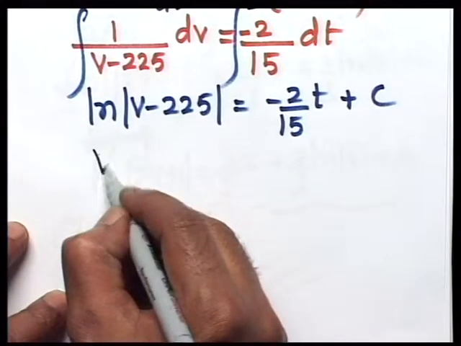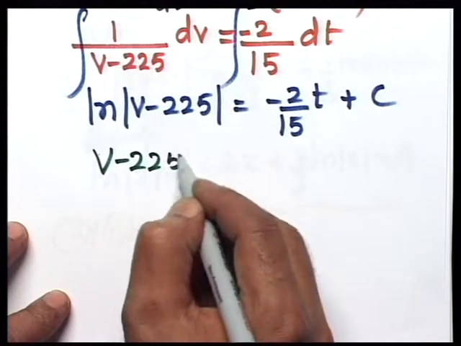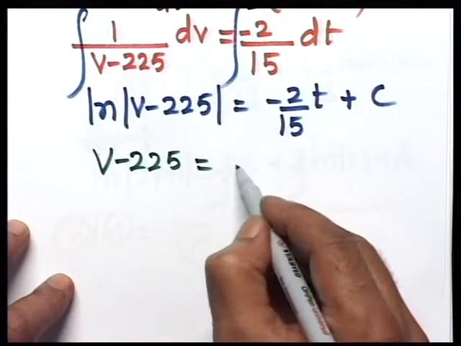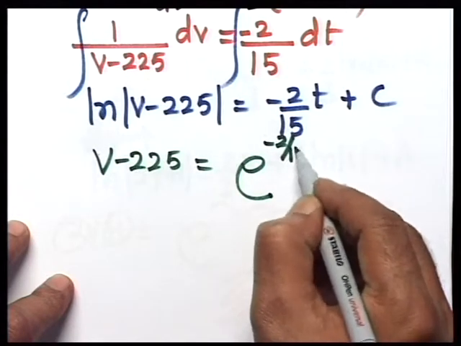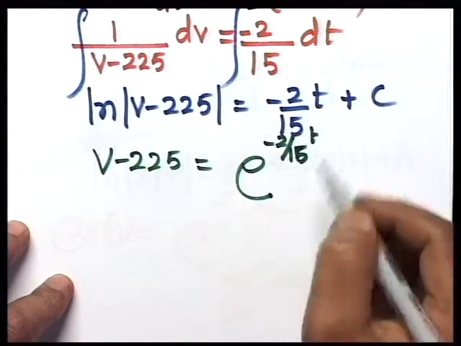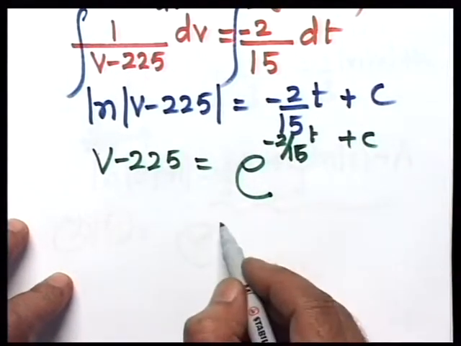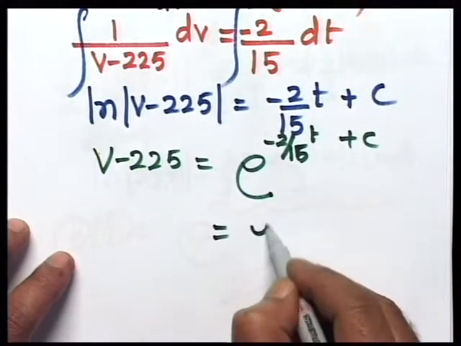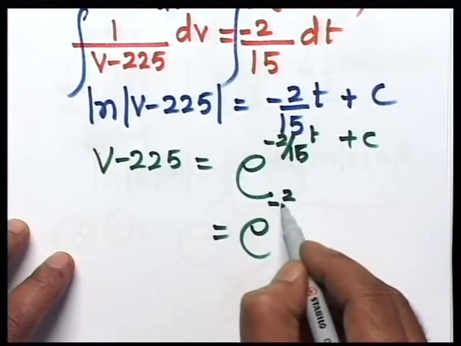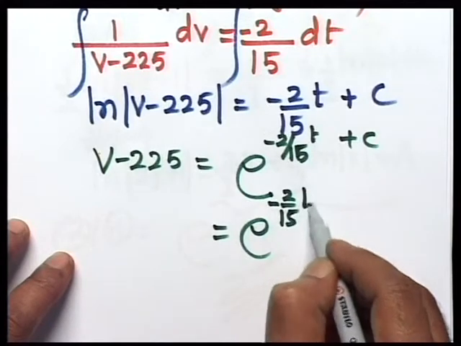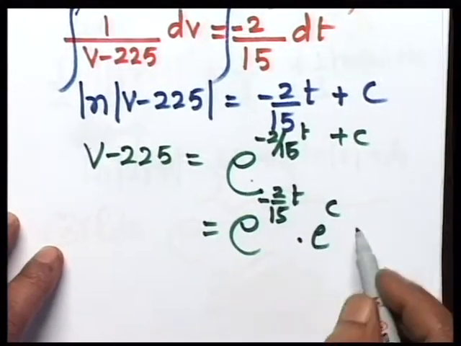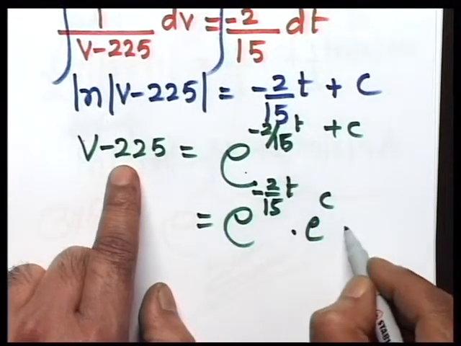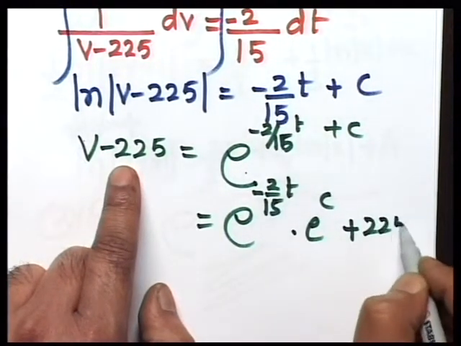v minus 225 is equal to e to the power, that whole thing, minus 2/15 and a t there, that's a 5 please, and plus c. Split that, so it's e to the power minus 2/15 t and e to the c, right, and transfer the minus 225 to the right hand side, plus 225.